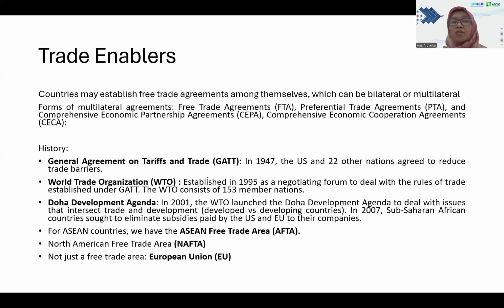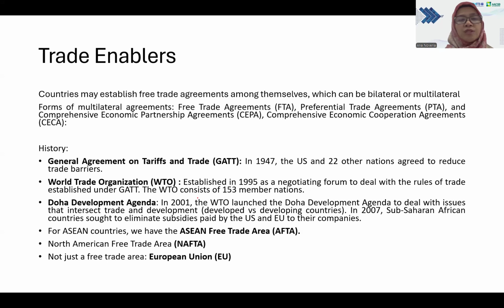But there are also other trade enablers, like multilateral agreements, including bilateral agreements. We have bilateral between two countries and multilateral, such as free trade agreements, preferential trade agreements, CPA, CECA.